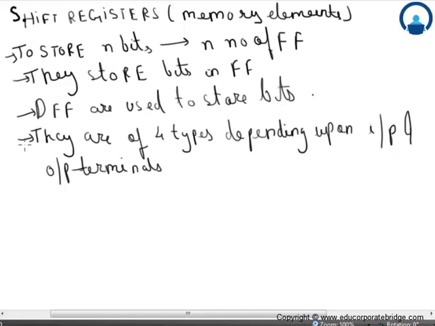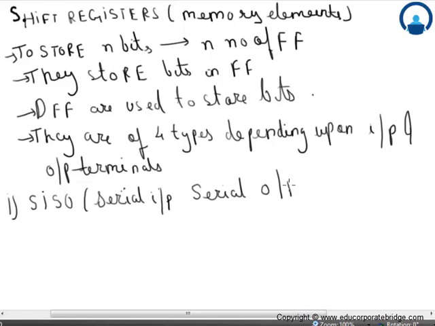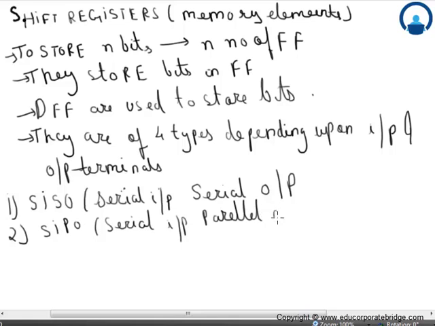The first type of shift register is SISO, called serial input, serial output. The second type is SIPO, serial input, parallel output.